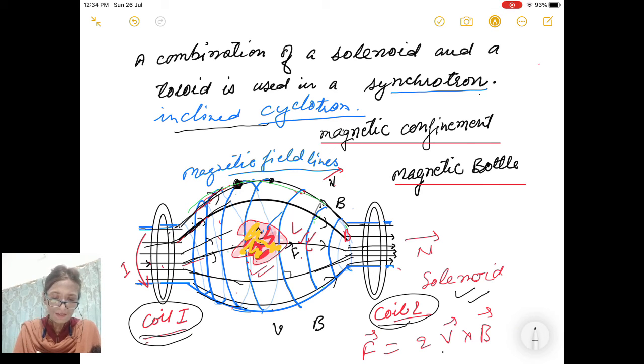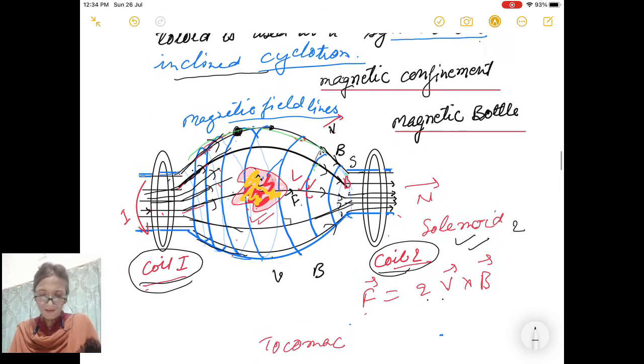When field lines come out from the solenoid, here you can see they go apart from each other. At the second solenoid also the same happens. Here you have the south pole of the solenoid, so the field lines are getting in. And here the field lines are getting out.